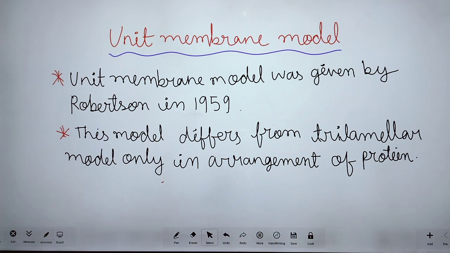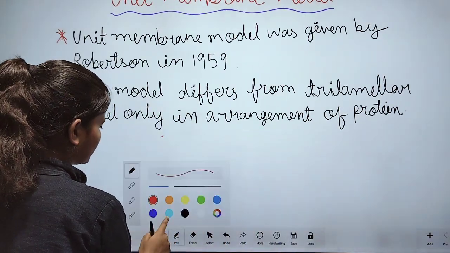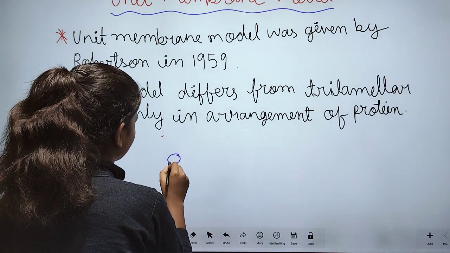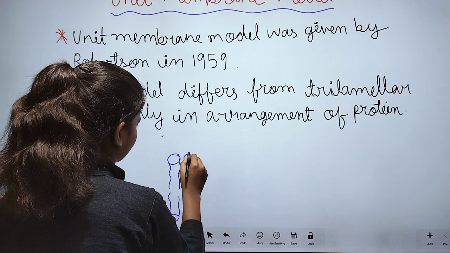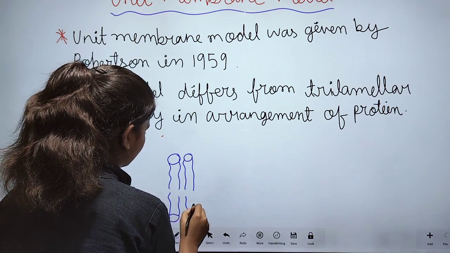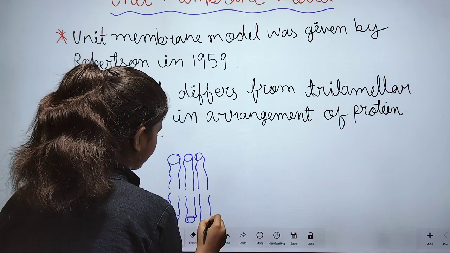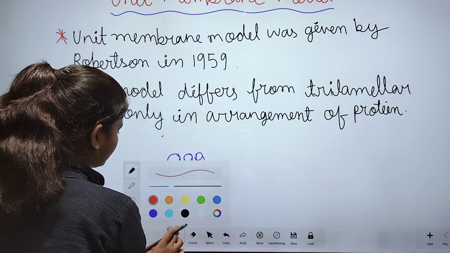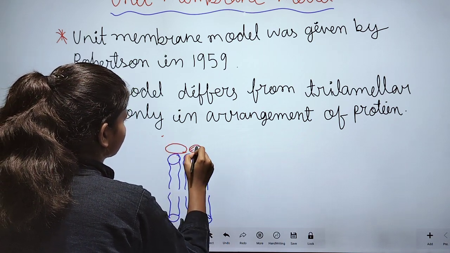Because we had already seen that in a trilamellar model, proteins are arranged like this. This one is the phospholipid, and this one is known as protein.